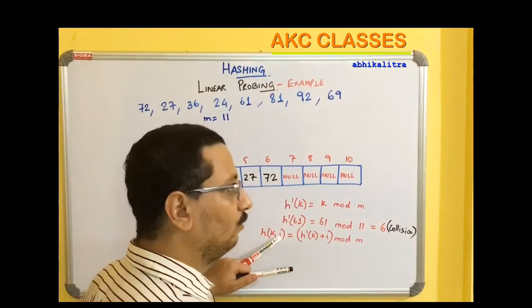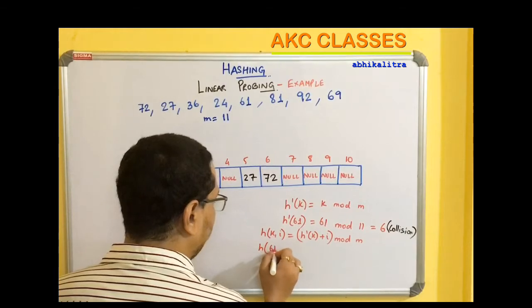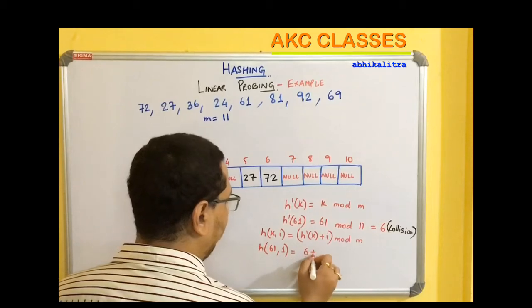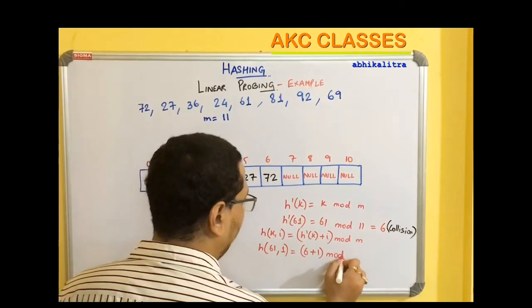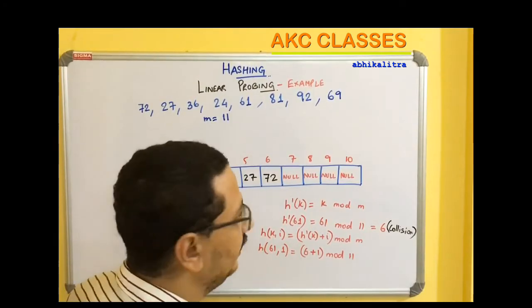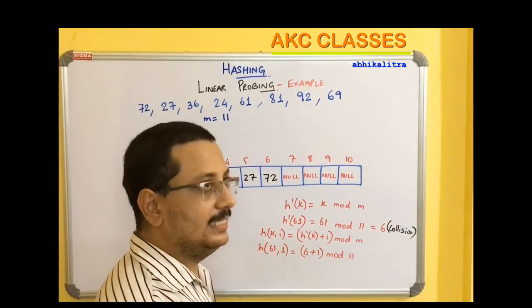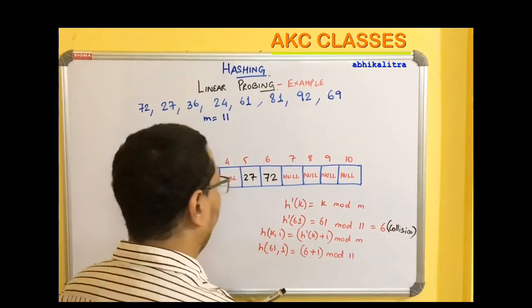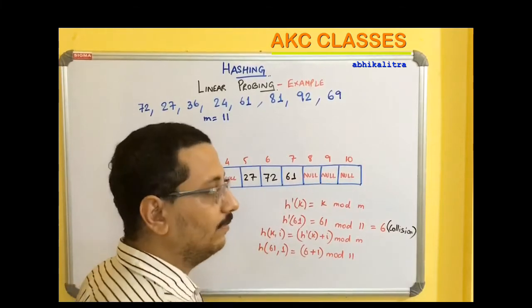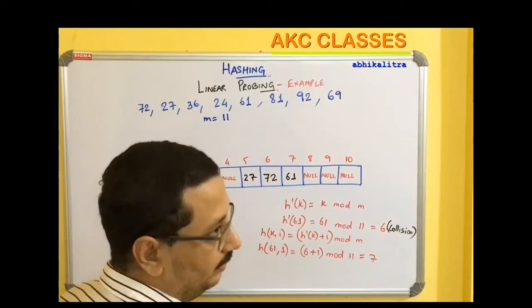So we start with i equal to 1. h of 61 comma 1: h prime of k, you know it is 6, so 6 plus 1 mod 11, which is 7. We move on to location 7 to see if it is a sentinel value or not. Yes, it is a sentinel value, so we stop and insert 61 there.